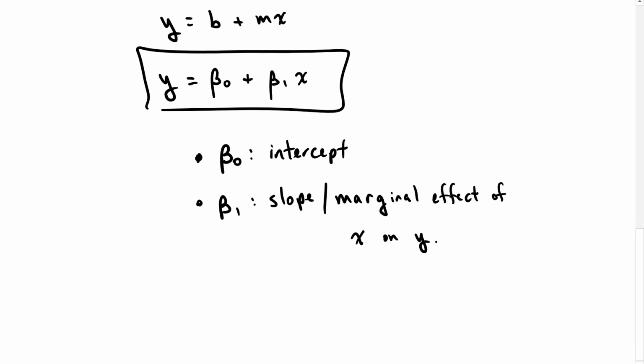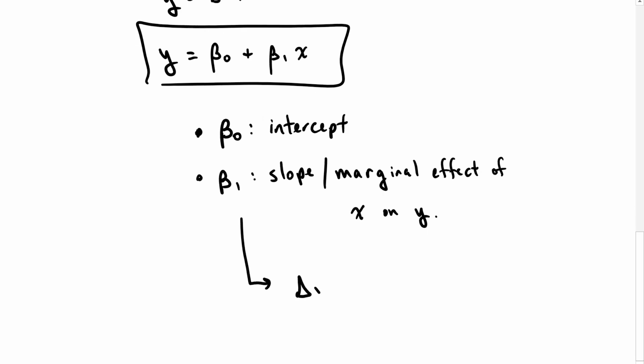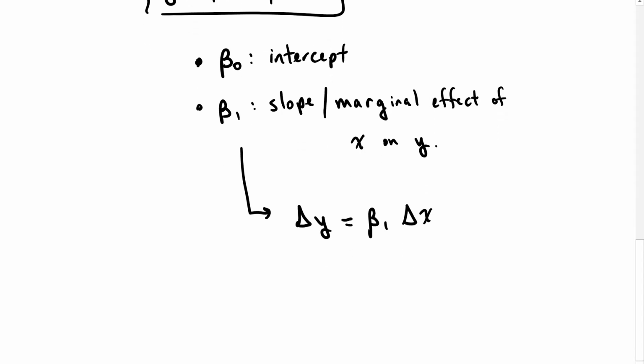Another thing about beta 1 is that we can think about the change in y is equal to beta 1 times the change in x, so that beta 1 is how y changes when x changes.